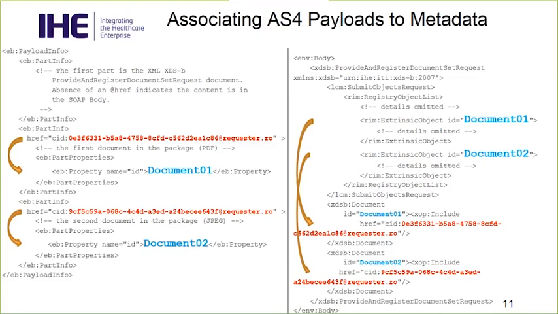And we keep the existing one, which is using the extrinsic object document identification and a link in the XOP include that you see at the bottom of the picture for document 1 and document 2. So those two mechanisms do the same thing. The right side is more backward compatible with the existing, and the right side is what we have today in the MTOM XOP structure.